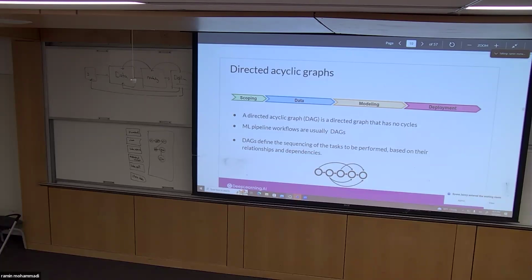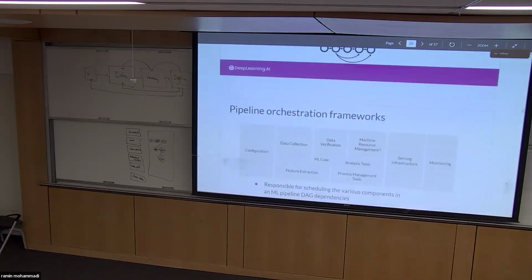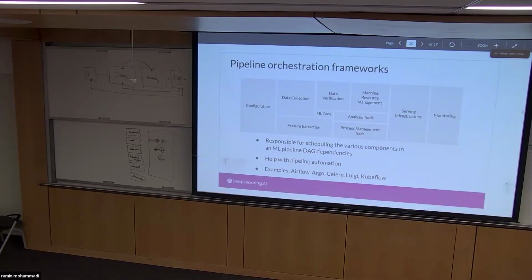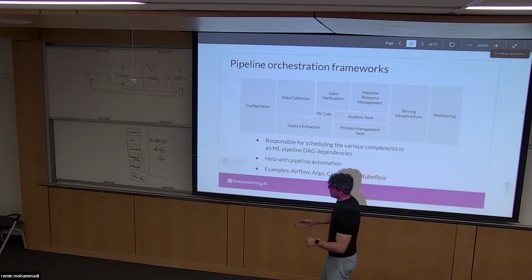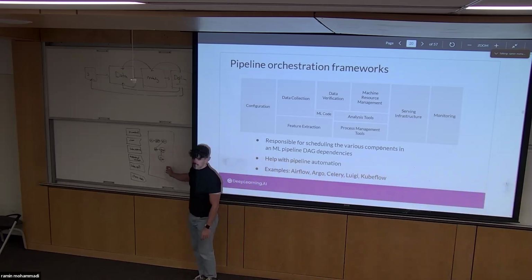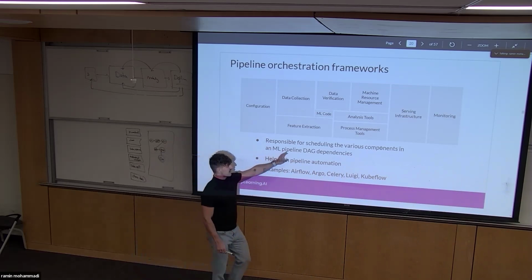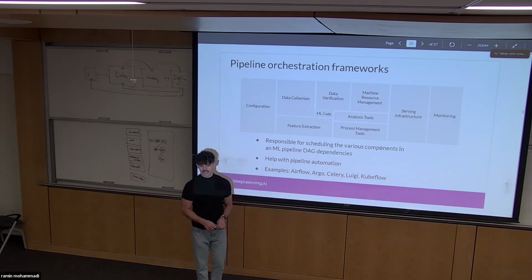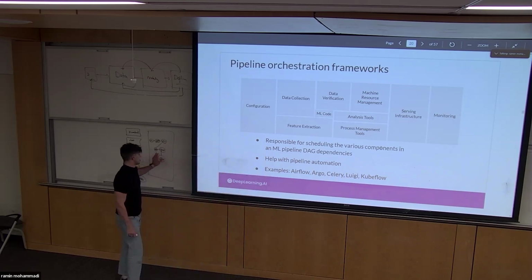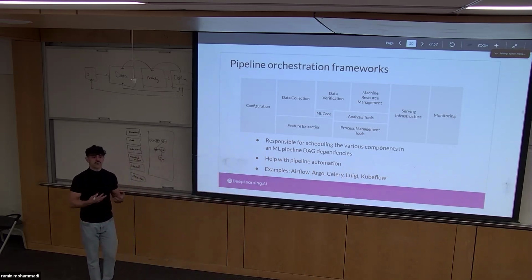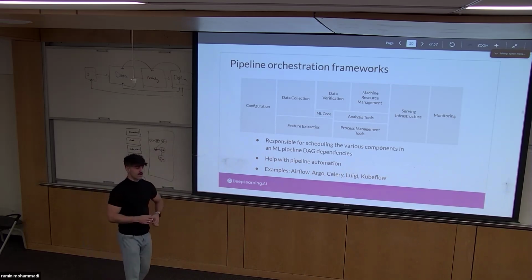All right, so now, pipeline orchestration frameworks. As I said, imagine you have all of these and you want to orchestrate this. So you need pipeline orchestration. They are responsible for scheduling various components in the DAG, the DAG pipeline that you have. So you need some tool that orchestrates that for you.